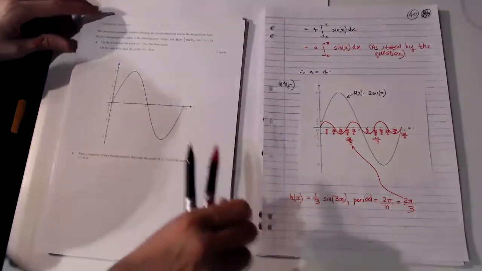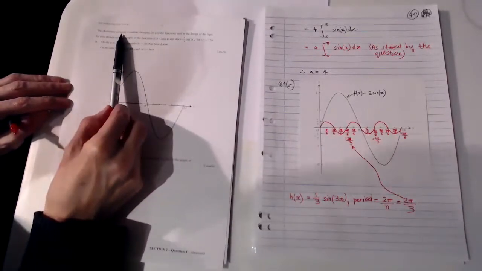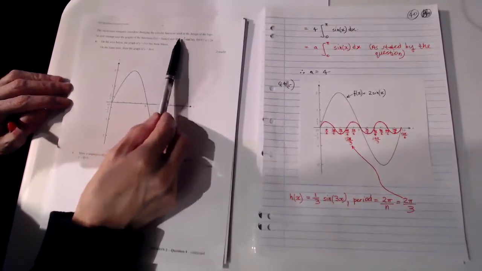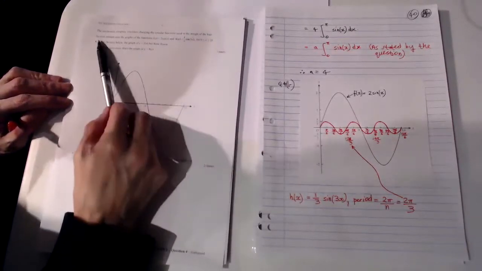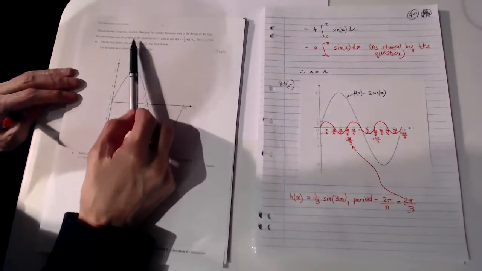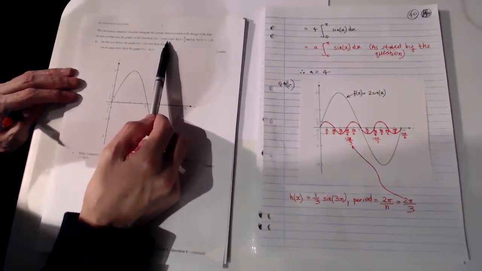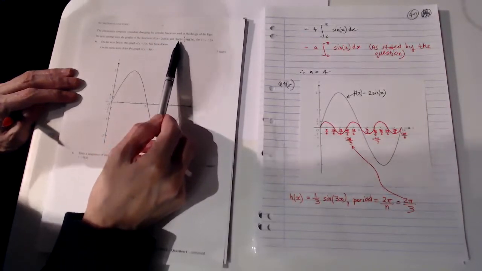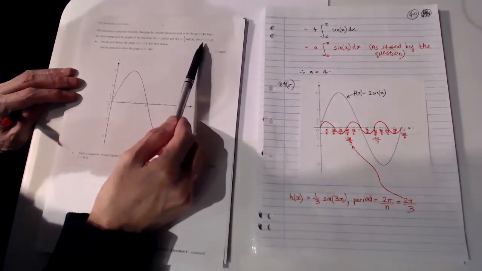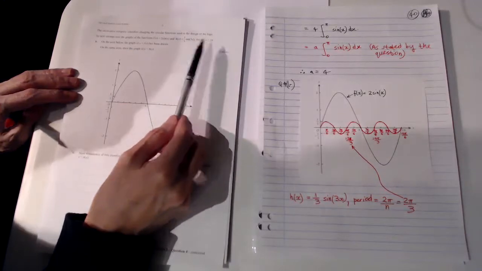Question B is about the following. The electronics company considers changing the circular functions used in the design of the logo. Its next attempt uses the graph of the functions f(x) equals 2 sine x and h(x) equals 1/3 sine 3x for x between 0 and 2 pi.